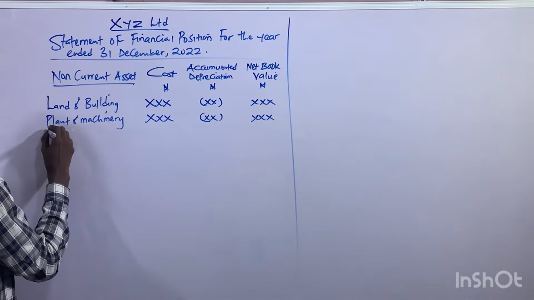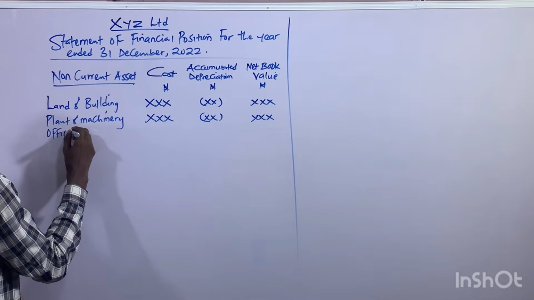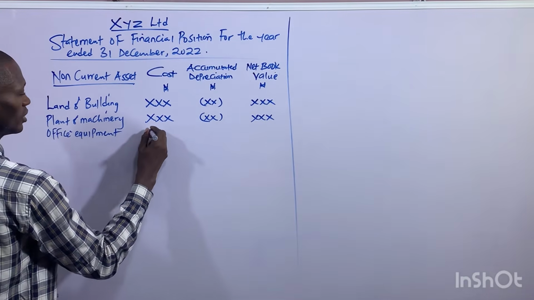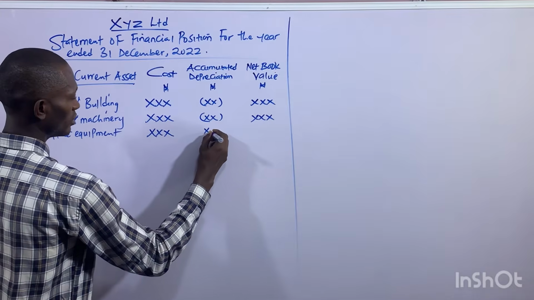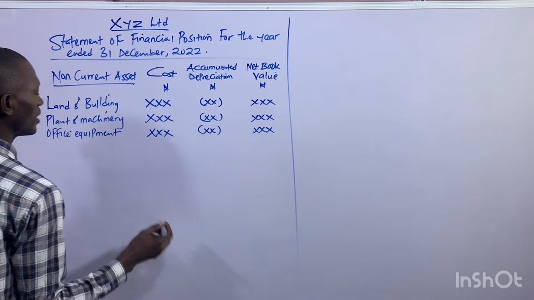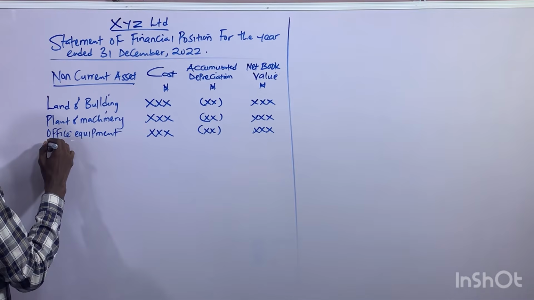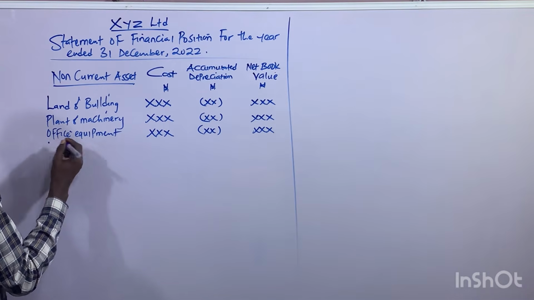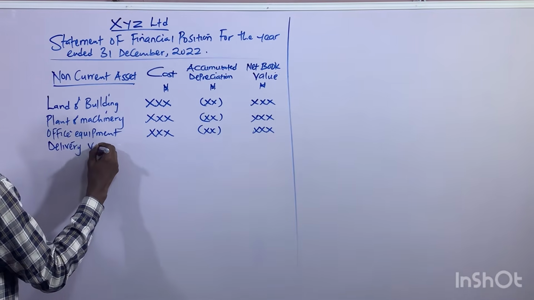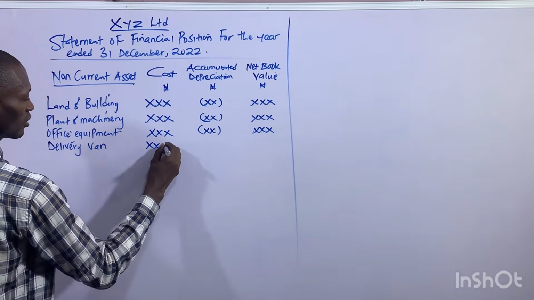Then you have office equipment. Then the costs, the depreciation, that's the accumulated depreciation. Then you have the net book value. You could have delivery van. Delivery van is an example of non-current assets.